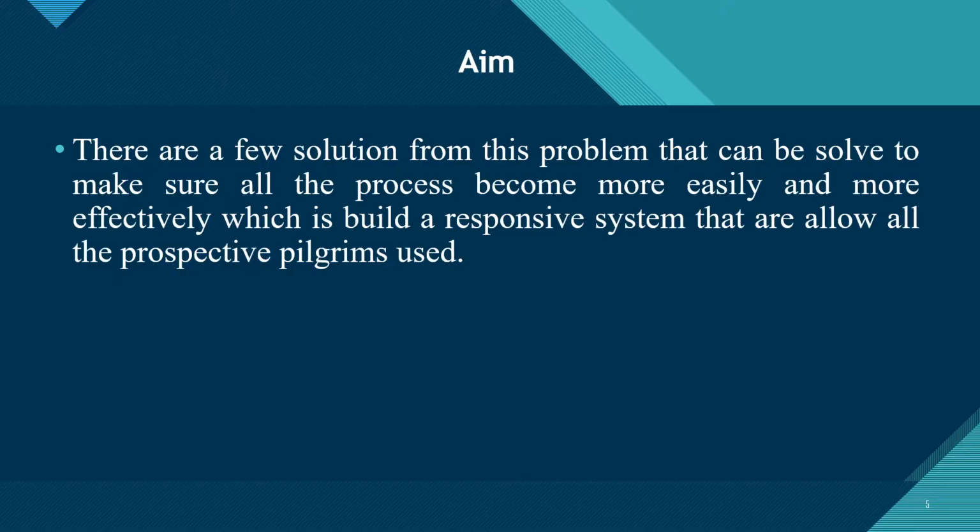So the aim is that there are a few solutions for this problem to make sure that all of the process becomes easier and more effective. The solution is to build a responsive system, that is a mobile application, for all of the prospective pilgrims to use, and the moderator can also use it to make the process easier.